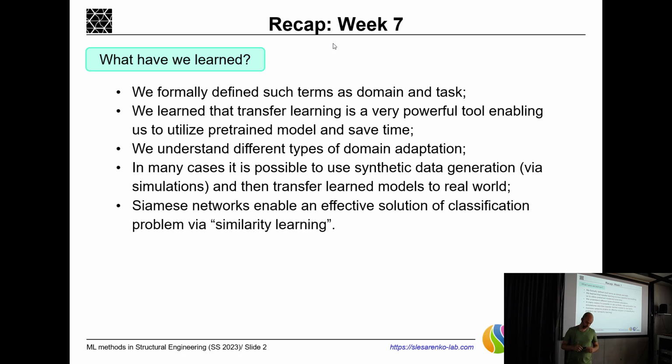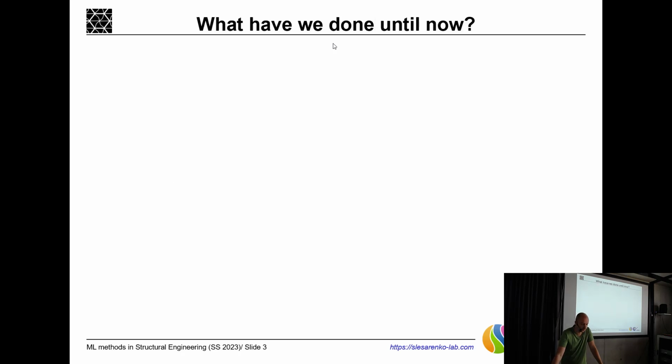Finally, in the last couple of minutes of the last lecture, we talked about Siamese networks that enable an efficient solution of classification problems via similarity learning, and that I think was a very interesting topic as well.